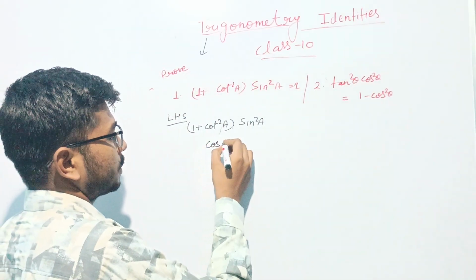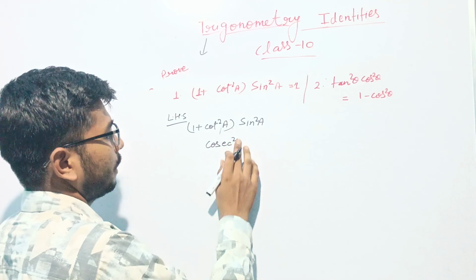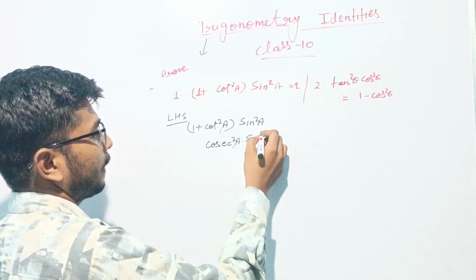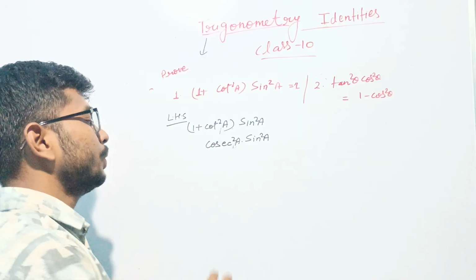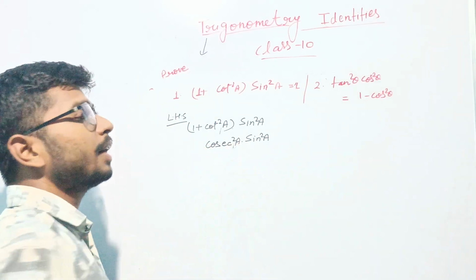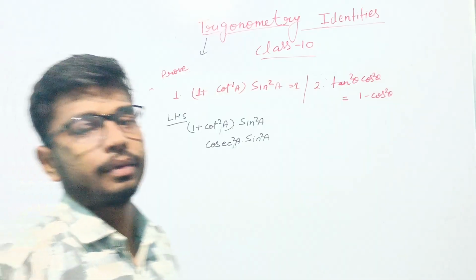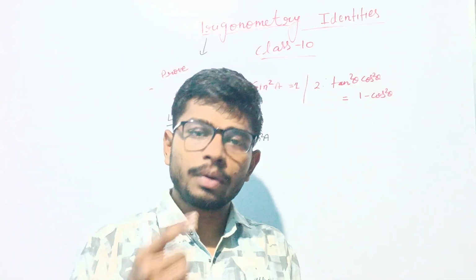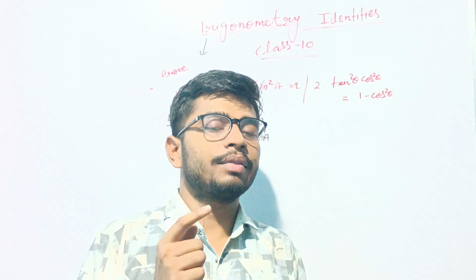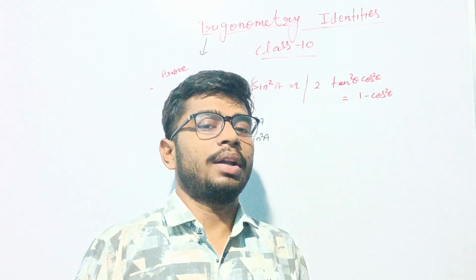So cosec square a into this is sin square a. And I told you, in place of cosec a we can write 1 upon sin a. It is square, so for cosec square a we can write 1 upon sin square a.